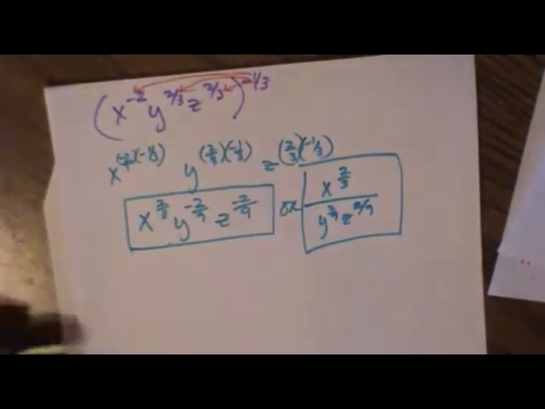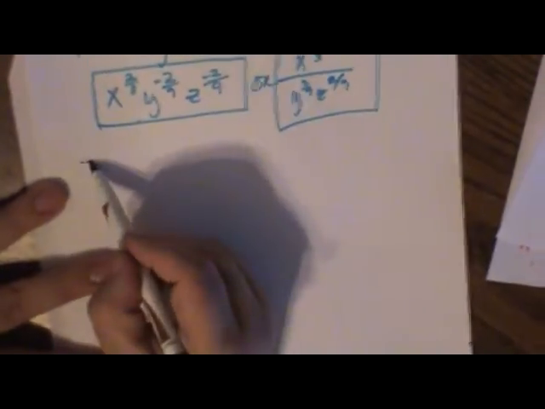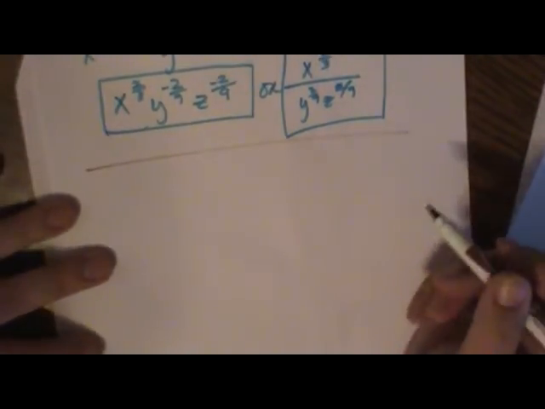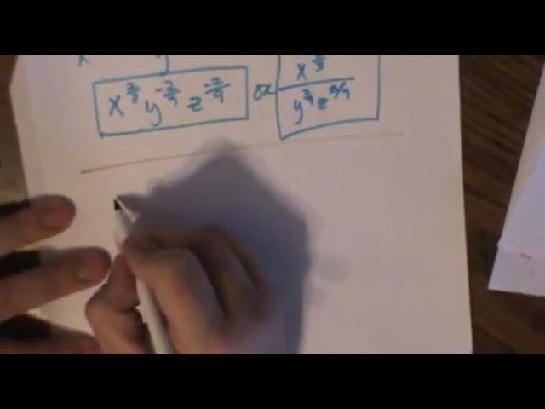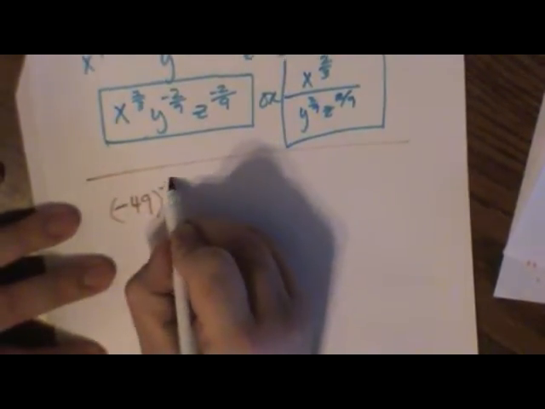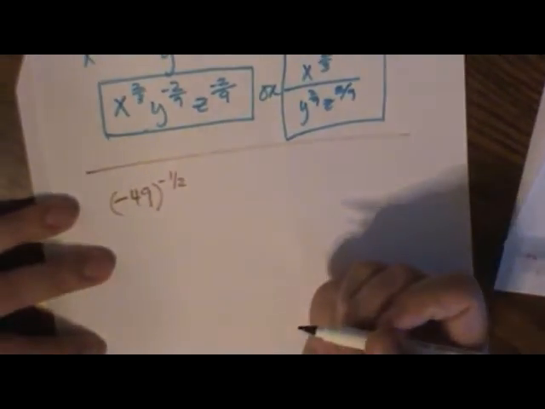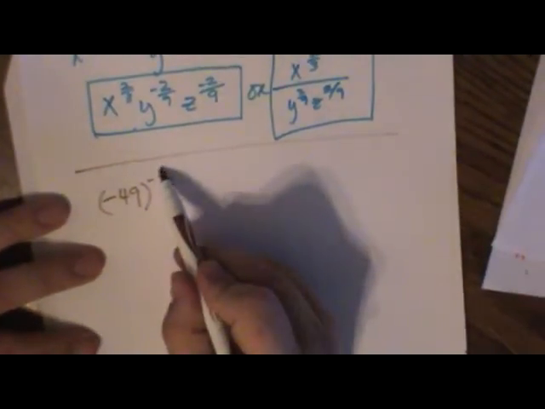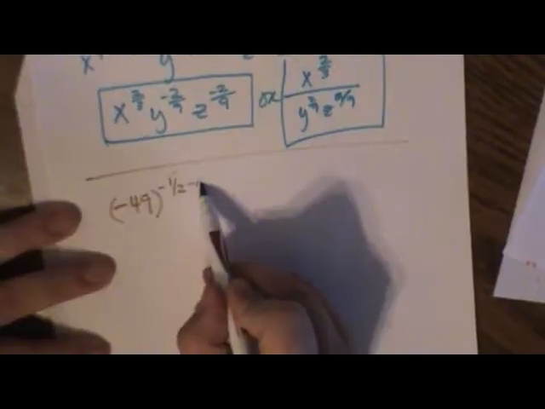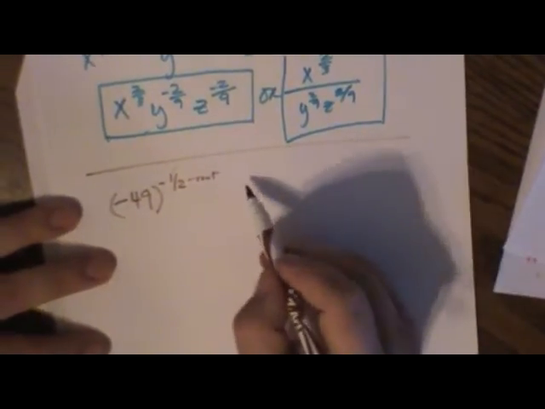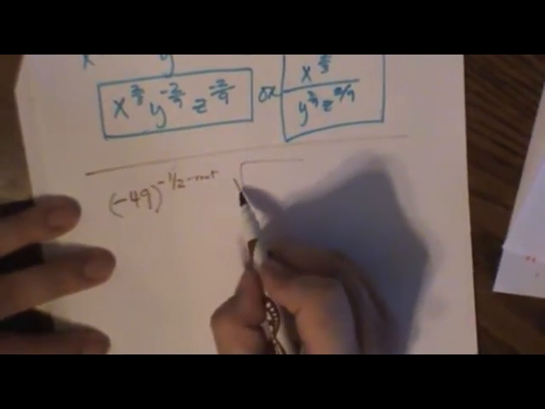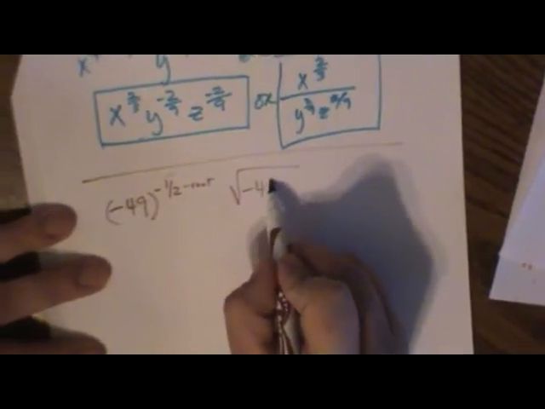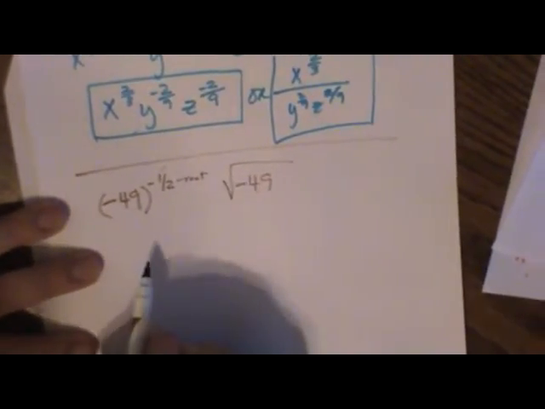Now, let's see if you can remember what we said about what's safe and what's not safe. We have negative 49 to the negative 1/2. 1 is the power, 2 is the root. So basically, if we rewrite this, we have a negative 49 inside an even root.